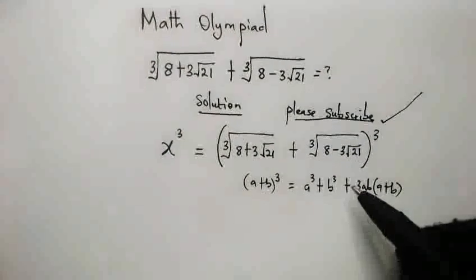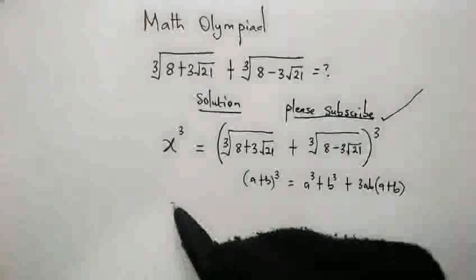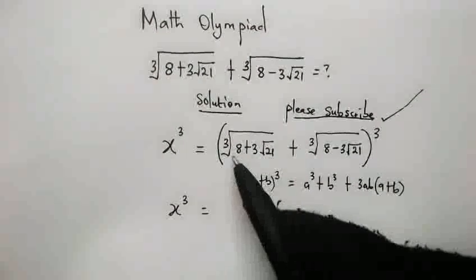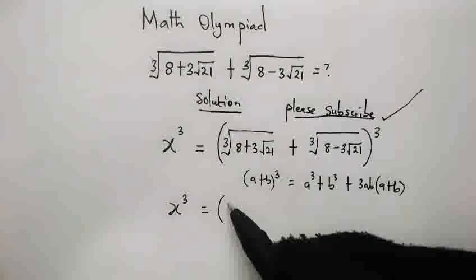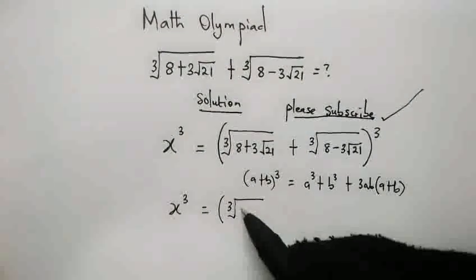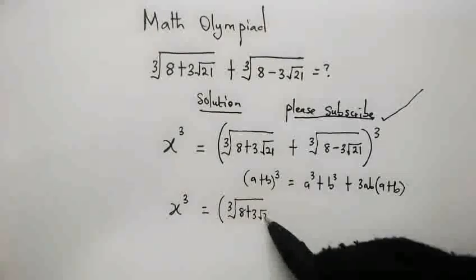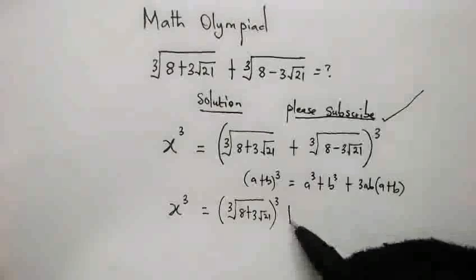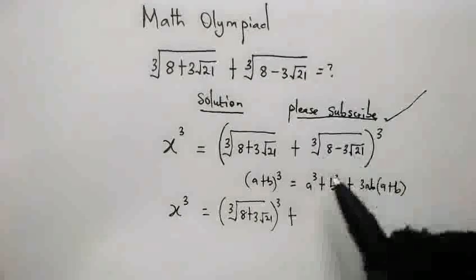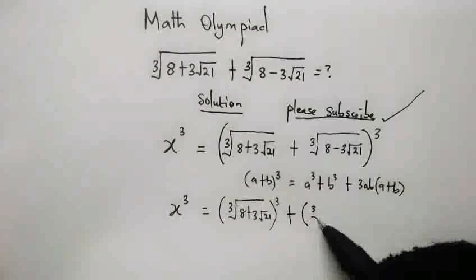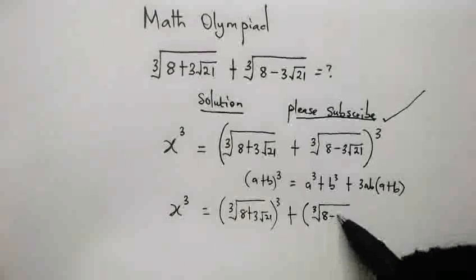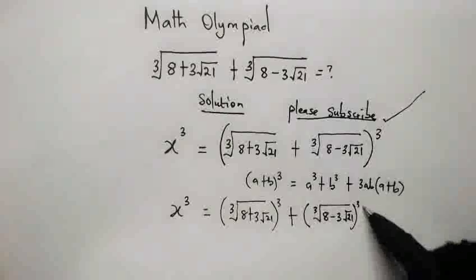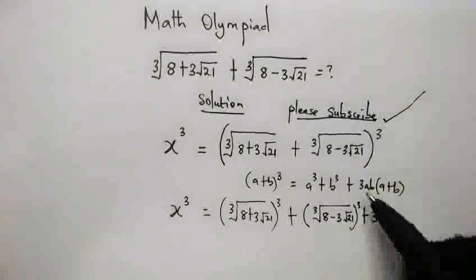So now, making use of this identity, here we're going to have x cubed is equal to this first number here, that is the cube root of 8 plus 3 root 21 cubed according to this formula, then plus b cubed, that is the second number here. So here we have the cube root of 8 minus 3 root 21 cubed, right? Then plus 3 times ab.